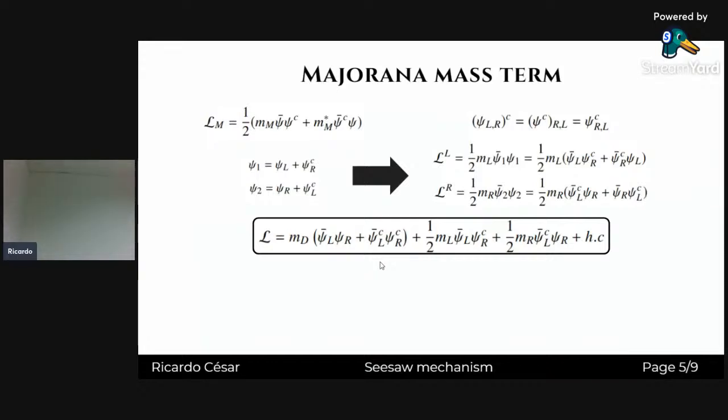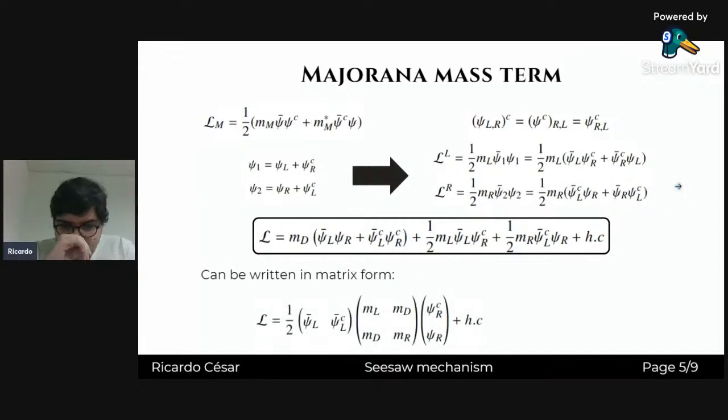So those C transforms into this other form. And you get back the Dirac term that I showed before. And those other two are only those Lagrangians here that I showed above. So you have Majorana mass terms and Dirac mass terms.